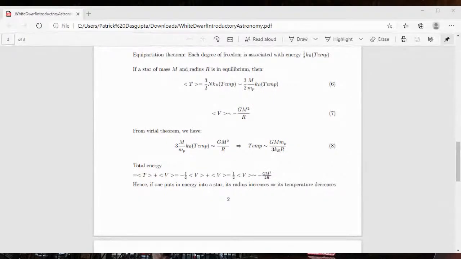When you calculate the average value of r, you take the expectation value of r given the probability density, and you will find that it is of the order of the Bohr radius itself.